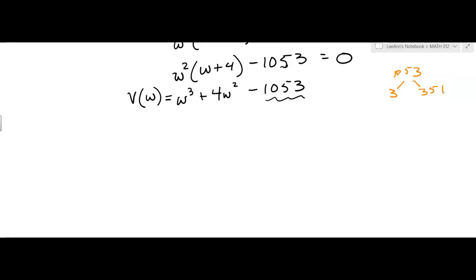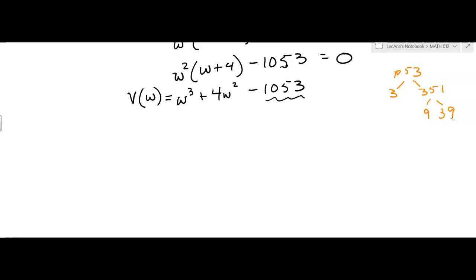Then I would think about, well, does 351 break down? Like what goes into 351? 9 goes into 351. So you might remember that rule: if you add up the digits and it's divisible by 9, the whole number is divisible by 9. So how many times does 9 go into 351? You could pull out a calculator here. It's going to go 39 times.